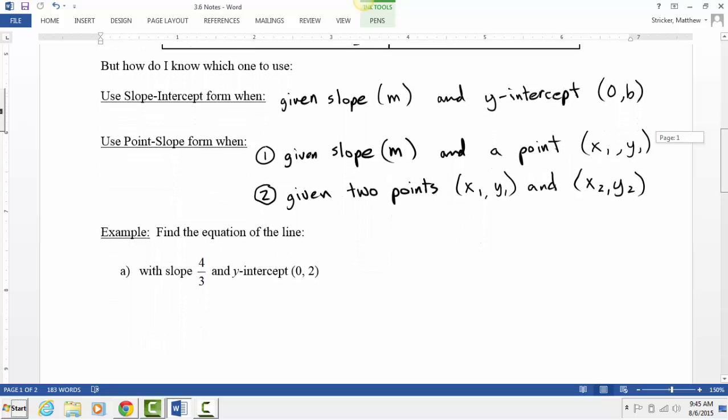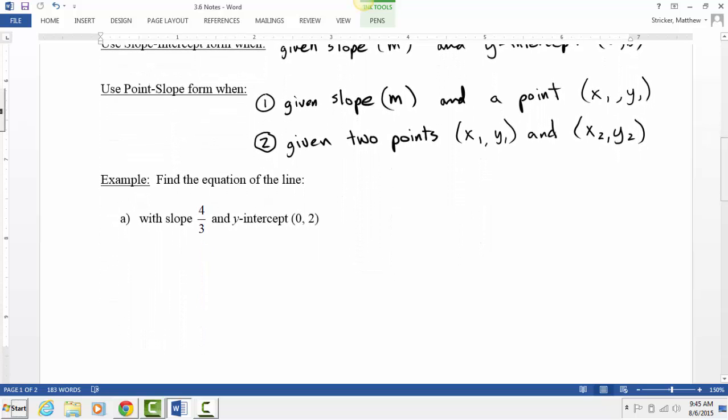Okay, and we'll look at some examples of how to do these sorts of things. The first example says find the equation of a line with slope 4/3 and a y-intercept of 0, 2. Well, this tells us two specific things. This right here tells us m equals 4/3.